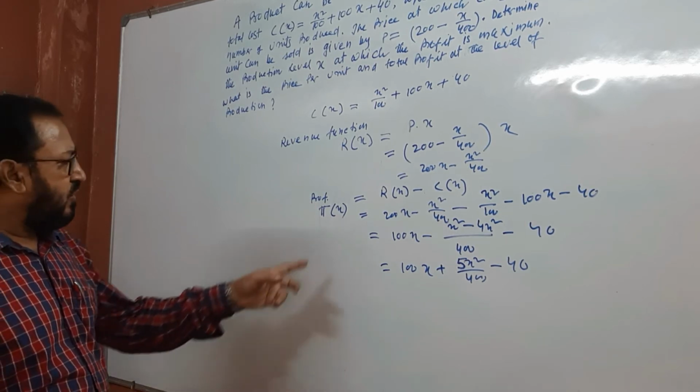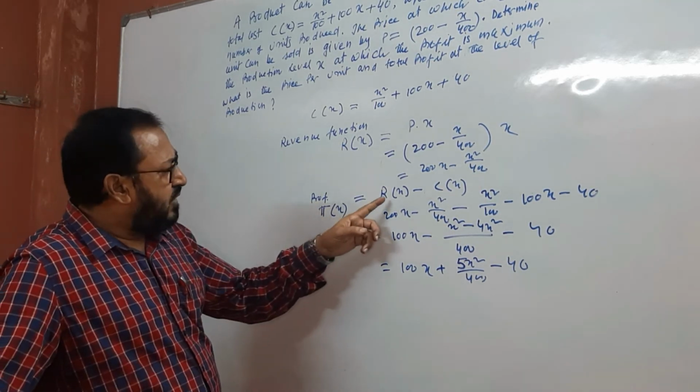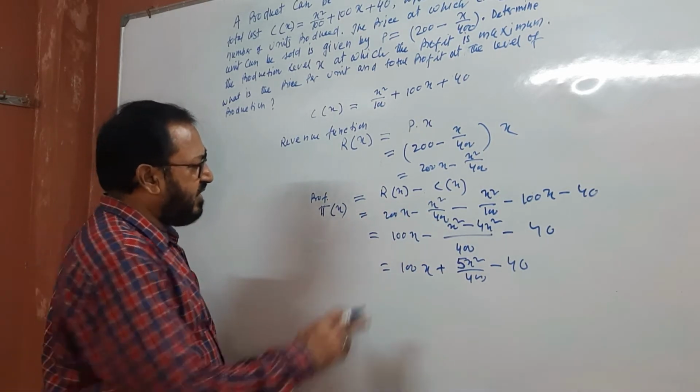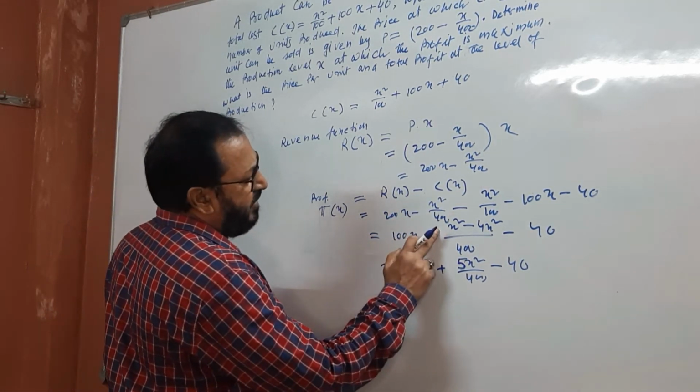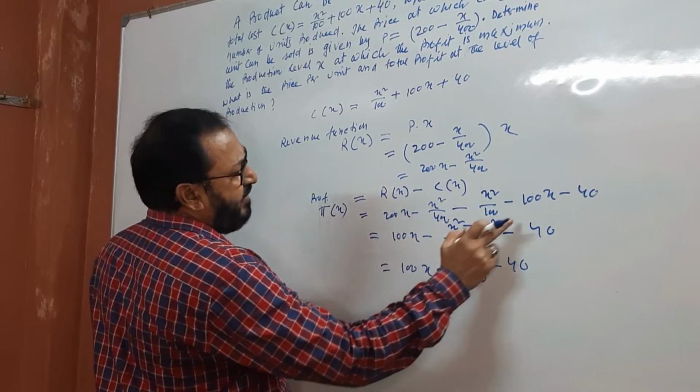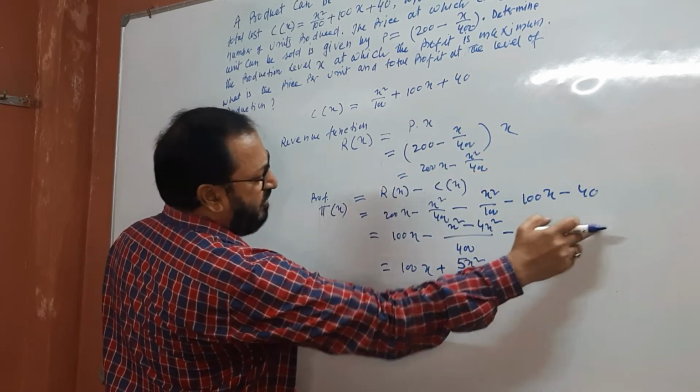So profit pi(x) equal to 200x minus x squared by 400 minus x squared by 100 minus 100x minus 40.